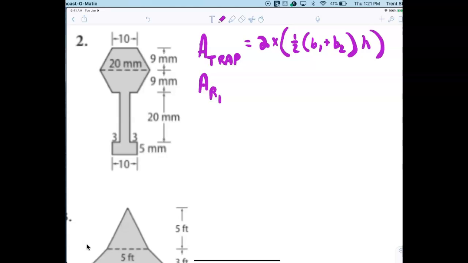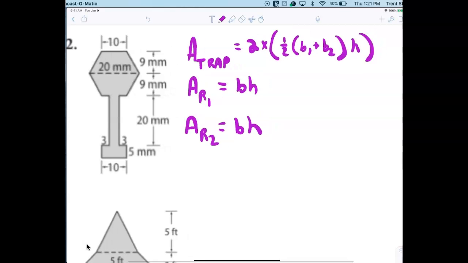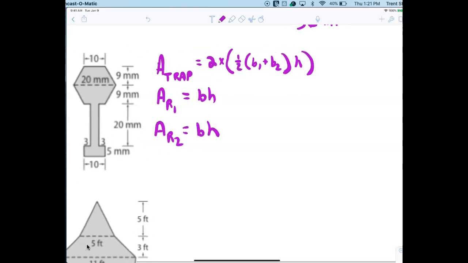Rectangles. I'm going to put rectangle 1. And what's the formula for a rectangle? Base times height. Area of rectangle 2. Base times height. And then what am I going to do? Add them up. We already know that. So here we go. Now, over here, Morgan, what can I do with 2 times 1/2? What do they do to each other?